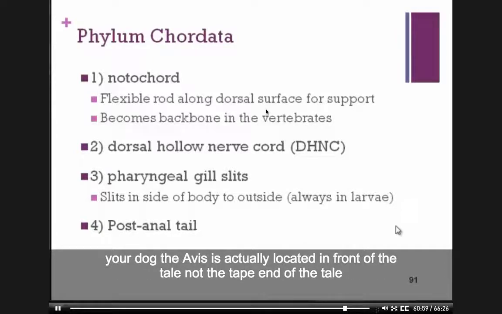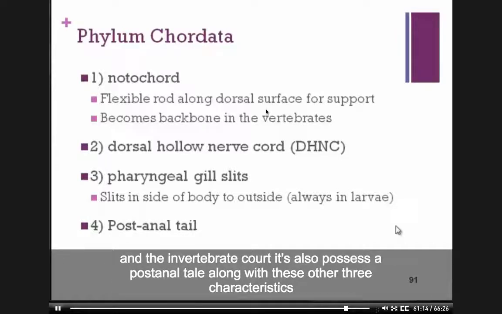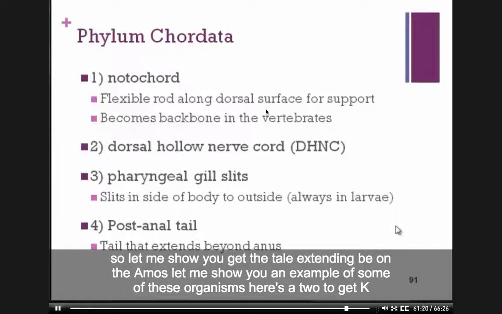The anus is actually located in front of the tail, not at the tip end of the tail. Now, that doesn't seem like it should be significant, and yet it defines our group. It is something that our group possesses that no other group has. And the invertebrate chordates also possess a post-anal tail, along with these other 3 characteristics. So let me show you, the tail extending beyond the anus.